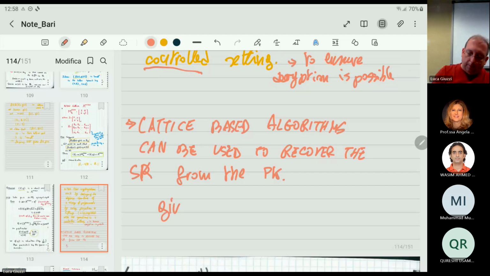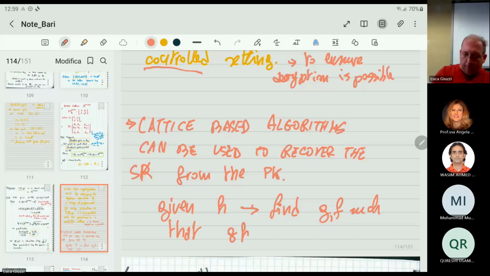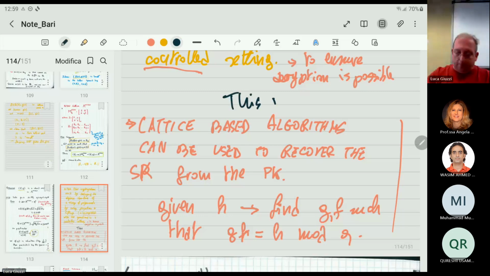Because given h, find g, f such that g/f equals h mod q. And this is the reason why we study them as lattice-based algorithms. And in general, our security parameters will have to be such that this problem is hard. This must be hard.